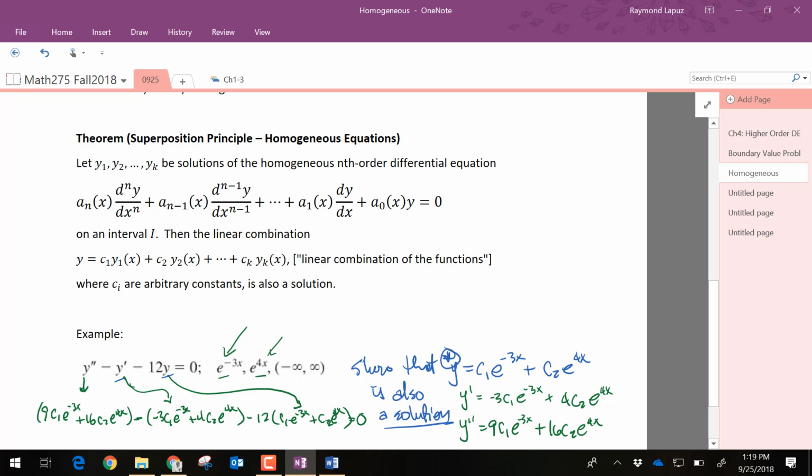So if I have y1, y2, all the way up to yk, a linear combination would be a constant times y1 plus another constant times y2 plus all the way up to the last constant times yk. e to the negative 3x and e to the 4x, those are your y1 and y2. And a linear combination would just be multiplying each by a constant and then adding them together.